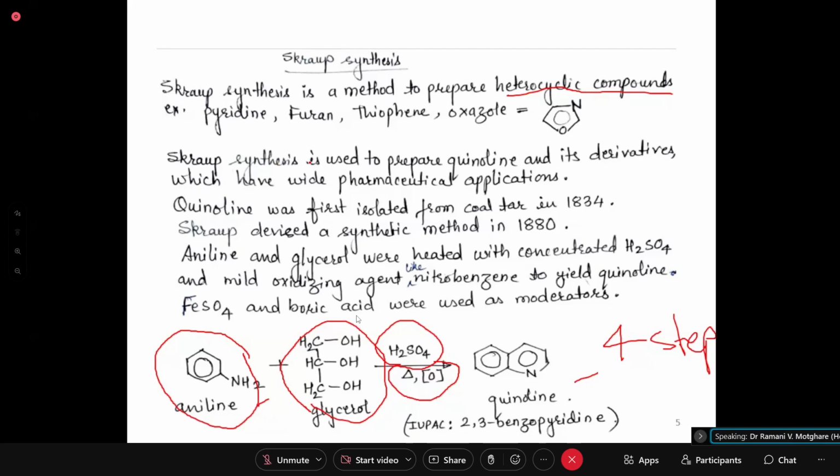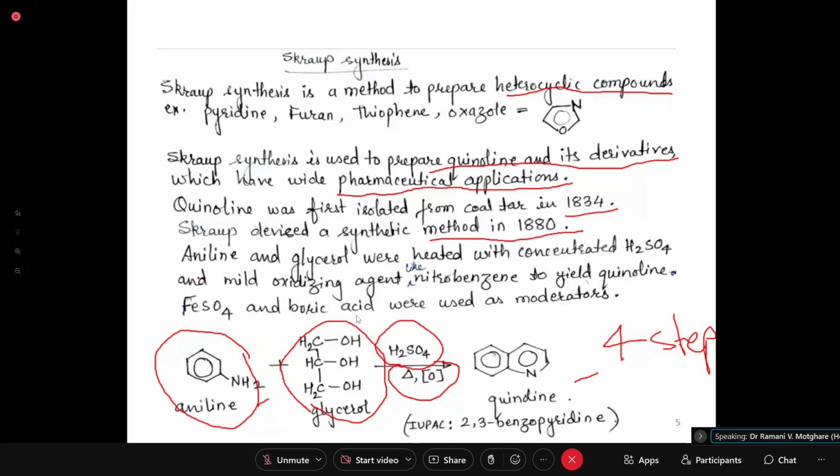So Skraup synthesis is used to prepare quinoline and its derivatives, which have wide pharmaceutical application, like your anti-malarial drugs, like primaquine, chloroquine, they are quinoline compounds. So quinoline was first isolated from coal tar in 1834, and Skraup devised a synthetic method in 1880.